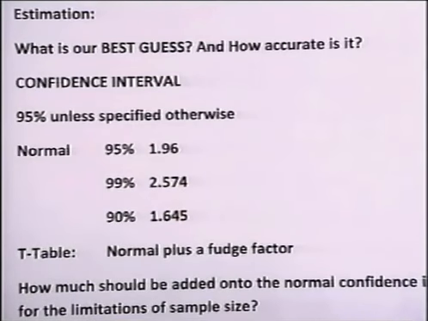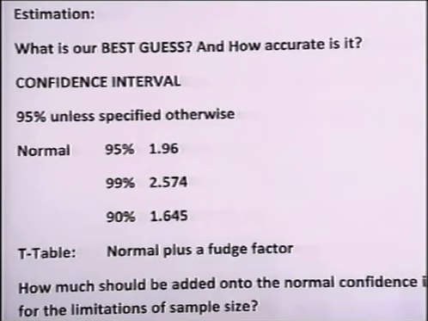So you take your mean and you go 1.96 standard deviations above the mean and 1.96 standard deviations below the mean, and between those two numbers you have a 95% chance of having your mean fall within that. And that's what a confidence interval is. If you want to have a 99% chance, you have to go further out. If you want a 90% chance, you can pull in further. And that's where the 2.574 and the 1.645 come in.